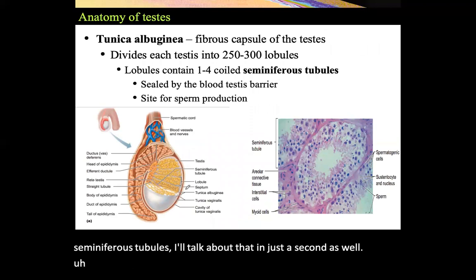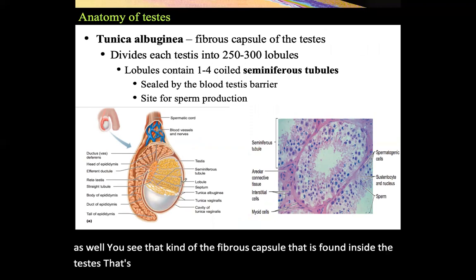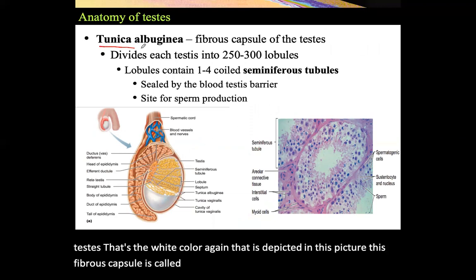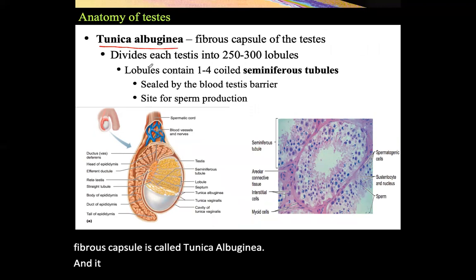Now, when we look at the testes, you can see in the picture the fibrous capsule that is found inside the testes. That's the white color depicted in this picture. This fibrous capsule is called the tunica albuginea, and it divides your testes into about 250 to 300 lobules.